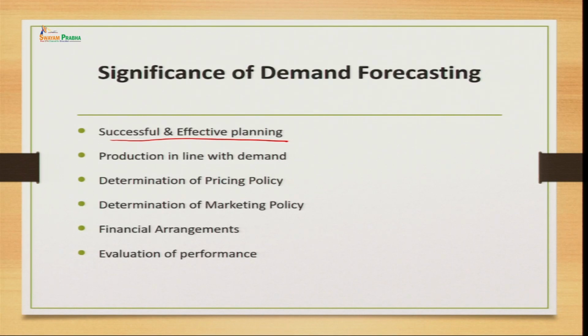So, if you want to move in the right direction, it is very important for you to plan out your activities, and planning is actually based on certain questions. If you do not have the answers to those questions, then it will be difficult for you to plan out your activities. So, demand forecasting is basically helping the manager to plan out their activities in a better manner, because this will help you to understand the future demand of your commodity, right.